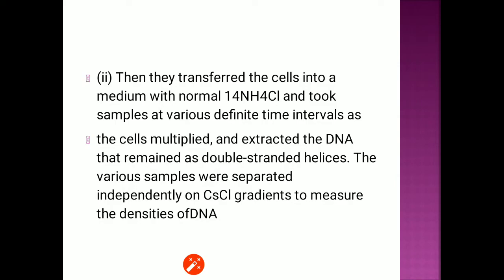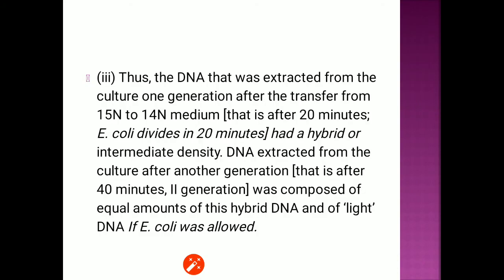So remember that at the start of the experiment they took 15N and now they are taking 14N, and took samples at various definite time intervals as the cells multiplied and extracted the DNA that remained as double-stranded helices. The various samples were separated independently on the gradient scale to measure the densities of the DNA.